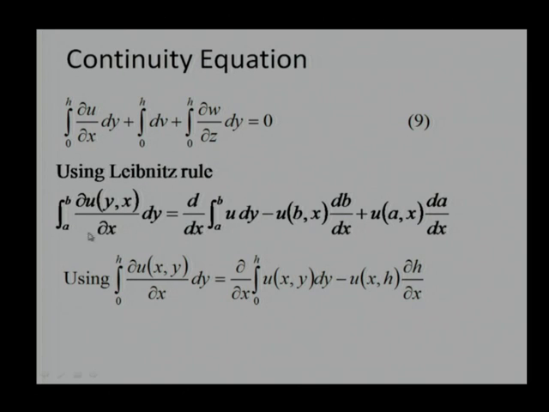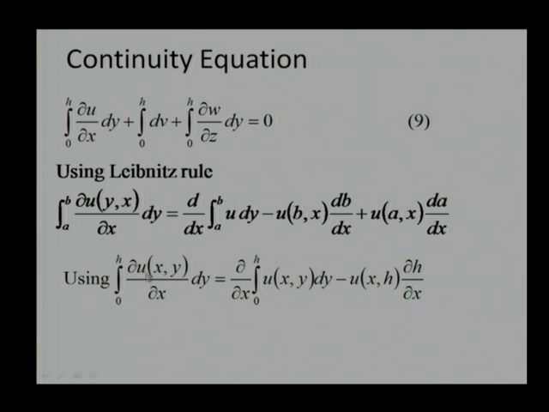So, we can take this term out, say assuming this term is u dy, but we need to subtract and add u at the b value, that is the value of u at b, and the differentiation of b with respect to x. Similarly, the value of u at a, and the differentiation of a with x. So, this is a well established rule, we are using it for our purpose.